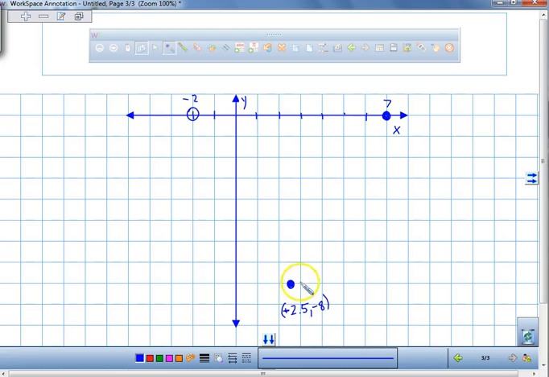Now the best way I can do this, it's probably not going to be perfect, is I'm going to try to connect our graph going that way, going down. This is harder than it looks. That's not bad. Okay, that's not bad. So there's your graph. Make sure that's open. Make sure that's closed. We are going to talk about two things. We're going to talk about the domain, and we're going to talk about the range.